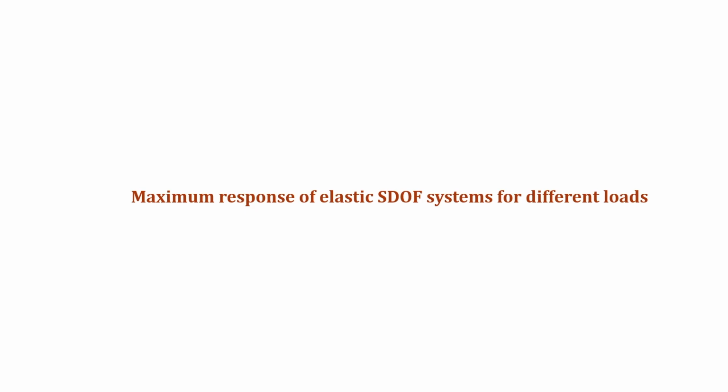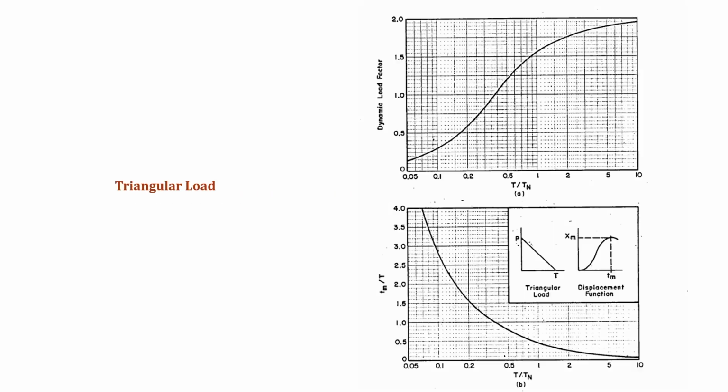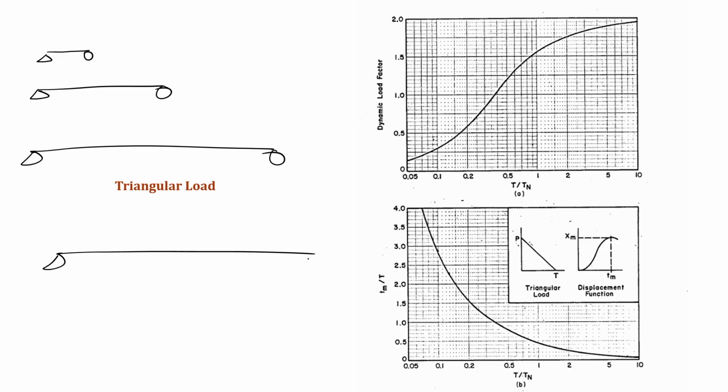Moving ahead, whatever we have learned, how do we use it in a design or analysis office? What we are trying to do is calculate the maximum response of an elastic single degree of freedom system for different types of loading. Let us say we have system 1, system 2, system 3, system 4.